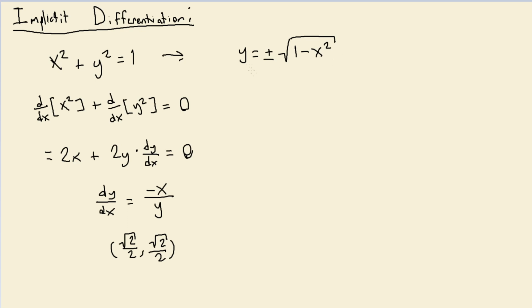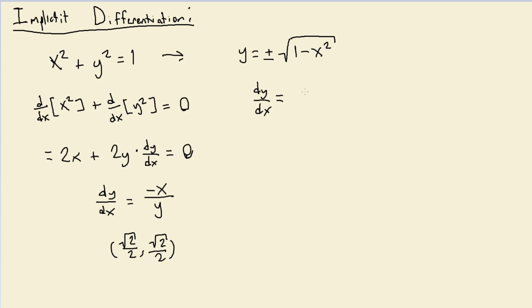And we could actually do the same thing here. We could differentiate this explicitly. This is another application of the chain rule. So for the derivative of y with respect to x here, you would have to break this up into a positive and negative component. So I'll just do the positive component, and the negative component would be the same process. You would just have to use a negative constant up front. So we'll just differentiate the positive component to show it can be done.